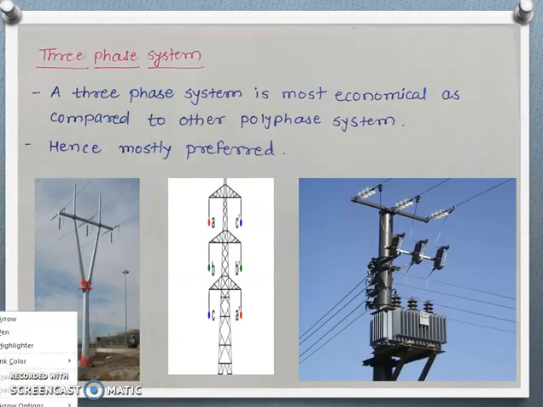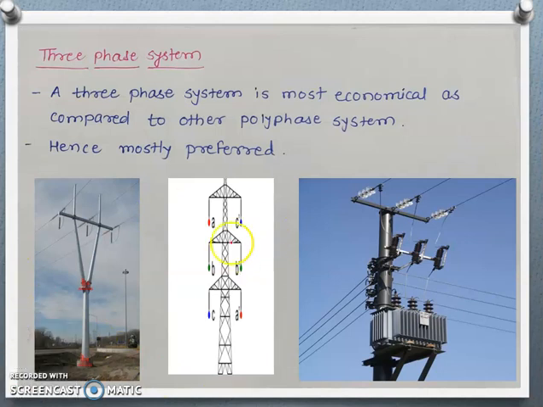The three-phase system is the most economical as compared to other polyphase systems. We can use any phase system. Mostly, for domestic purposes we use single phase supply. For some industrial applications we use two-phase supply, three-phase supply. In rare cases we also have 6-phase supply.